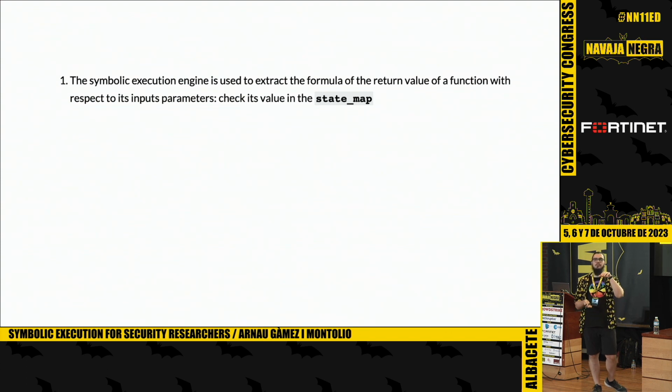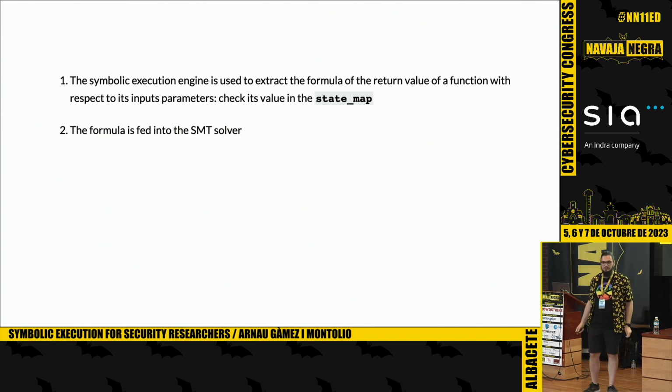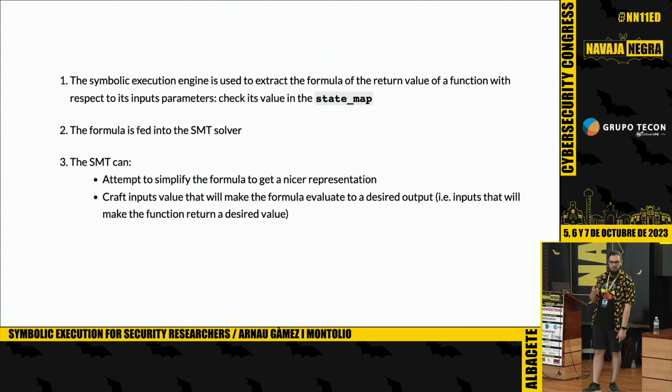So we start on a function, and we say, what will be the return value with respect to the input parameters? So give me a formula, an expression, or a set of constraints that will give me the return value with respect to the input parameters. And then just feed that into an SMT solver and ask, hey, give me some values that will return whatever I want. So the SMT can simplify that formula.